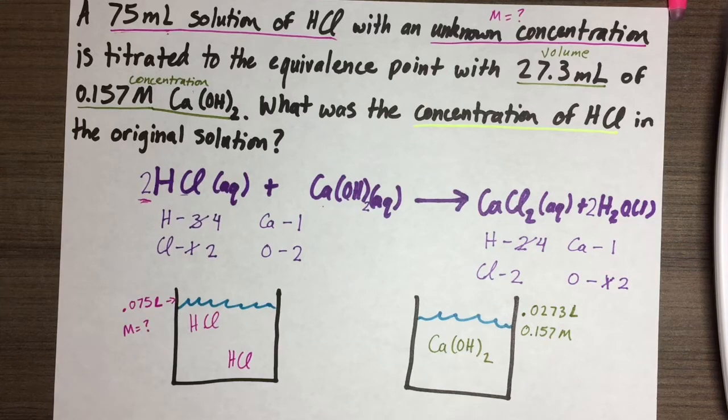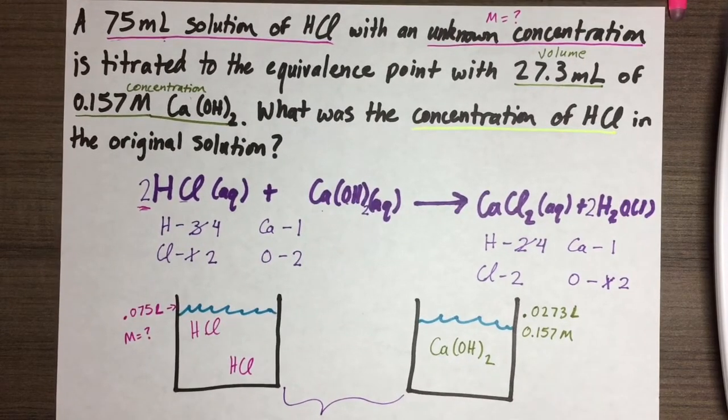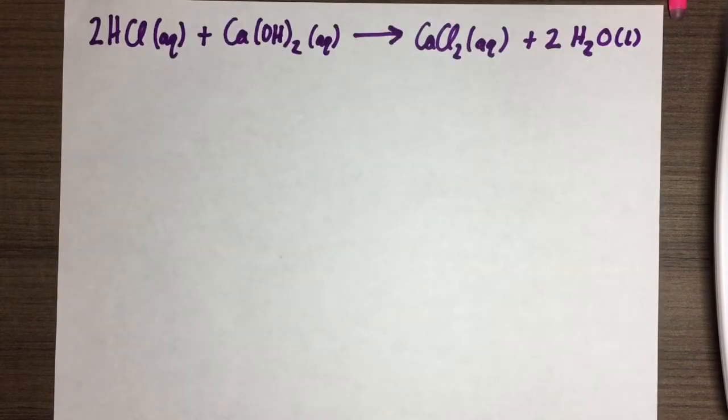And then we're also given the concentration, which is 0.157 molarity. And as seen in the equation, when these are mixed together, we will get calcium chloride and water as our products. All right, so here I rewrote the equation onto a different page, just so we have more space to solve the rest of this problem.